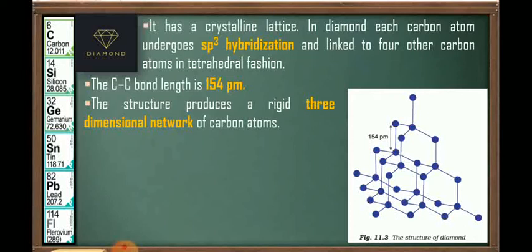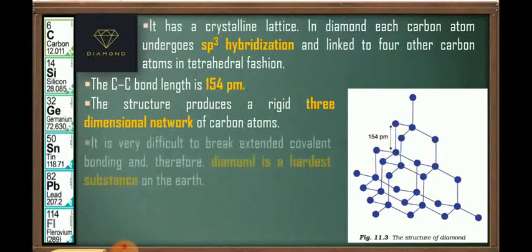This structure produces a rigid three-dimensional network of carbon atoms. Each carbon atom undergoes sp3 hybridization and bonds with the 4 other neighboring carbon atoms in a tetrahedral manner, and this structure produces a three-dimensional rigid network of carbon atoms.